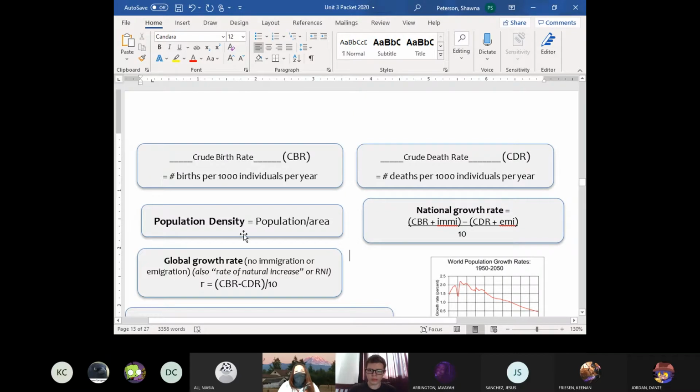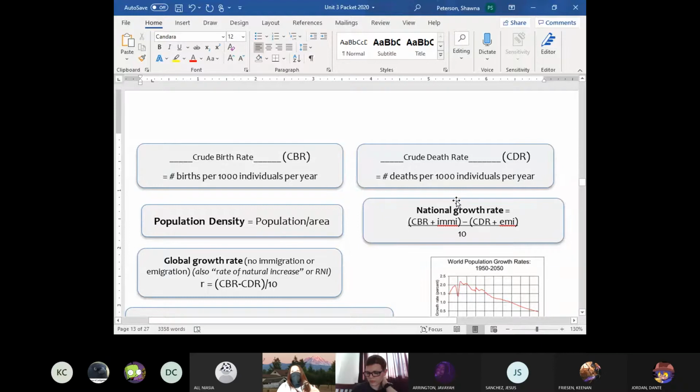This one right here, population density, is pretty easy. It's just population divided by area. And then national growth rate. So you have your crude birth rate and crude death rate involved, but you also have immigration and emigration involved.